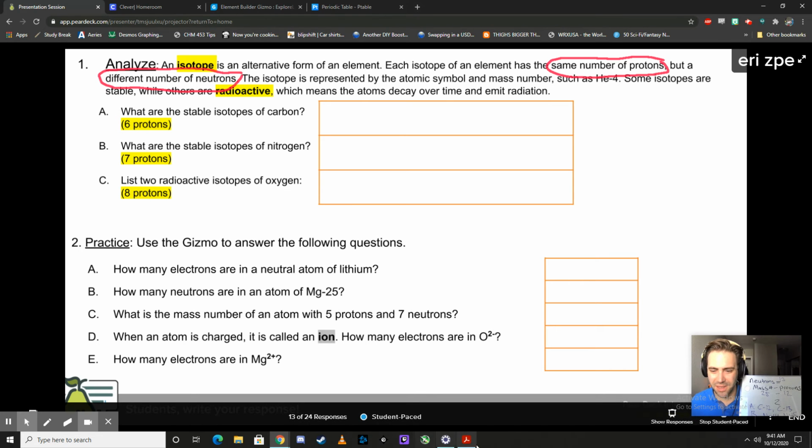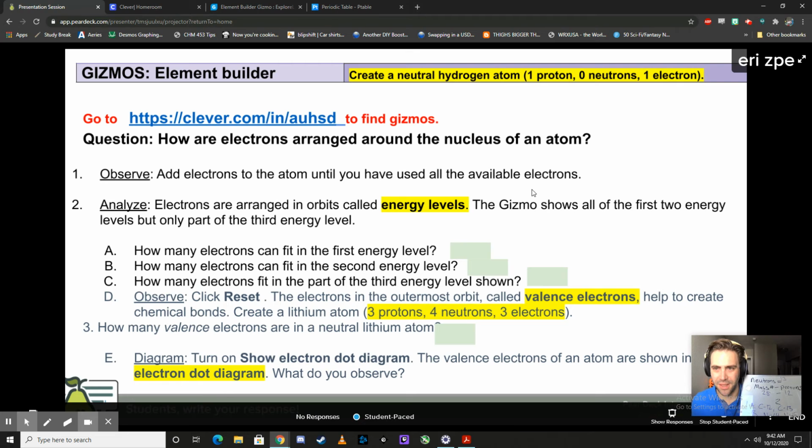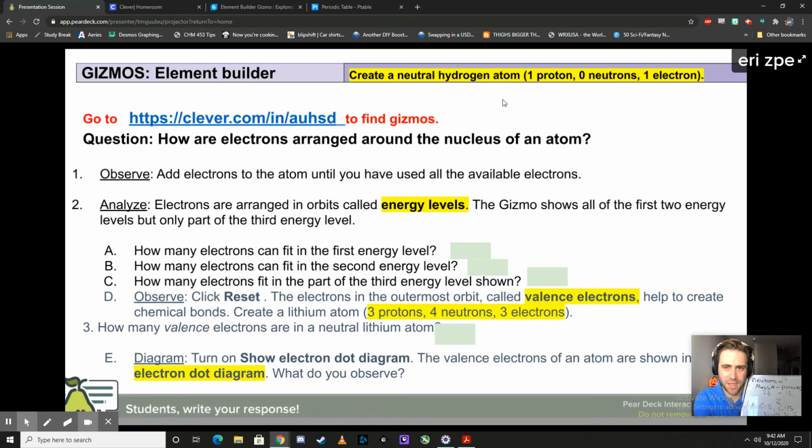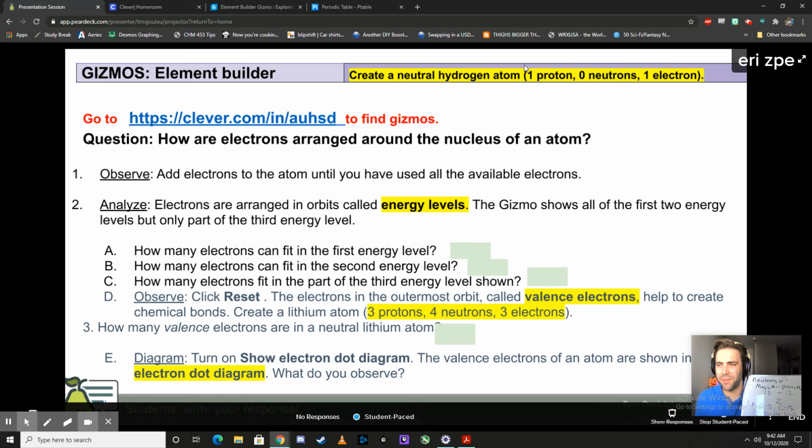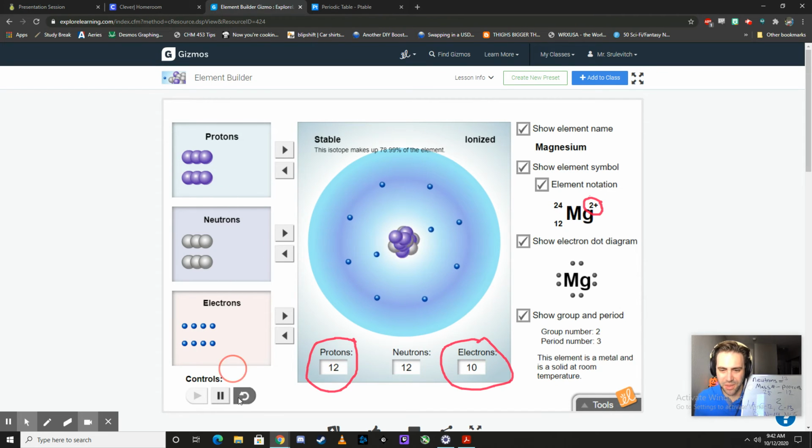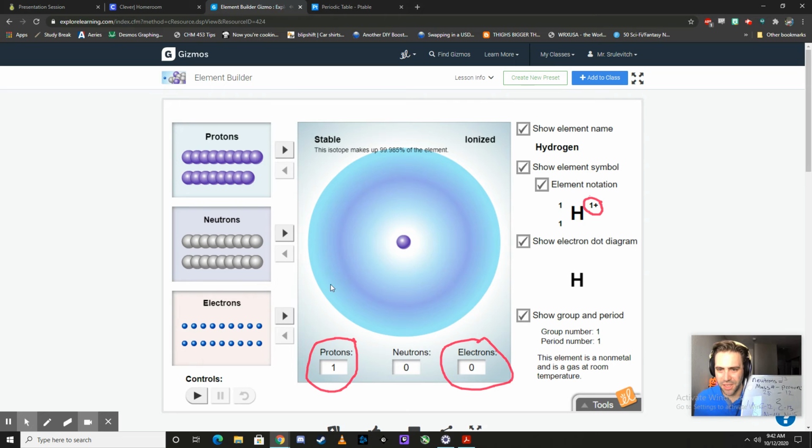Okay, so that is slide 3, I believe. Let's go one more. All right. So now I want you to build a neutral hydrogen atom. Neutral hydrogen has, let's just reset this, 1 proton, 0 neutrons, and 1 electron.